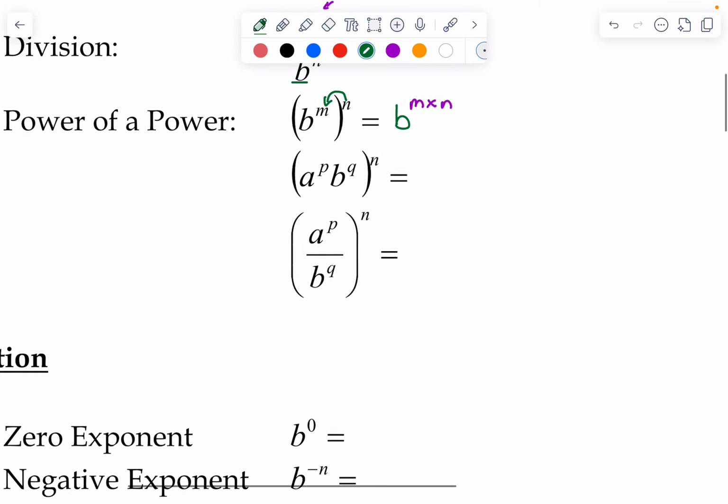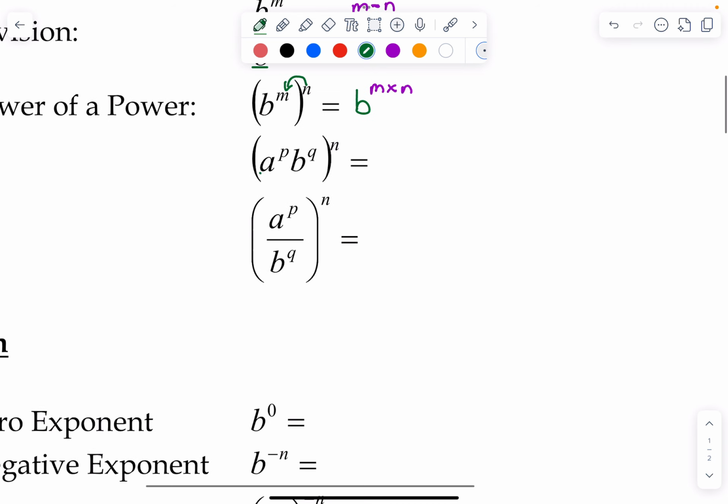If you were given two different powers, this a and this b right here, you would distribute just like we did above. You would distribute this power n to this one right here and to this one right here. You would multiply them both.